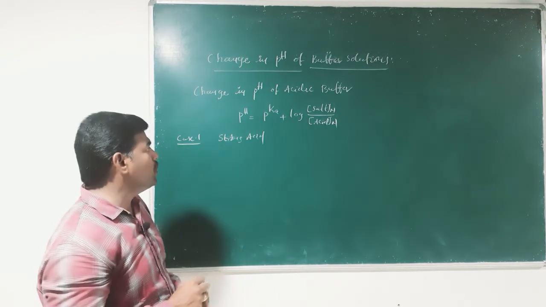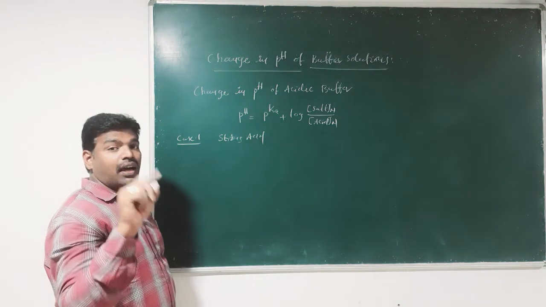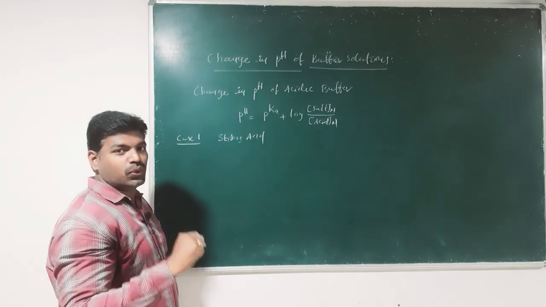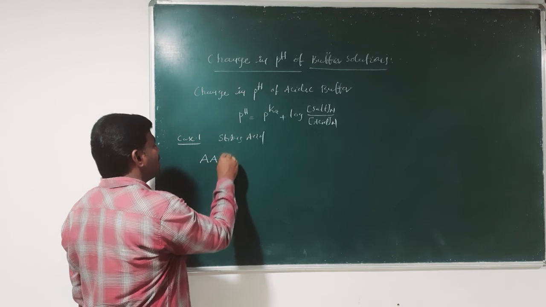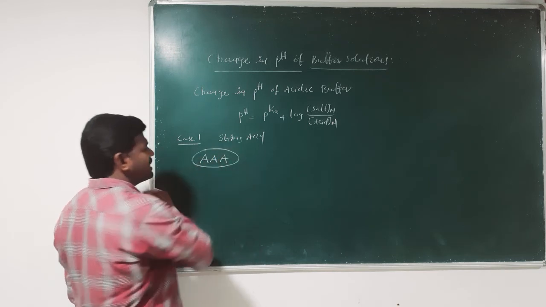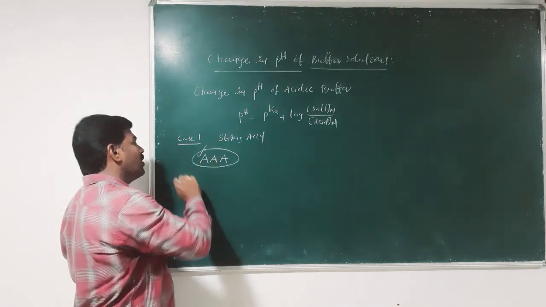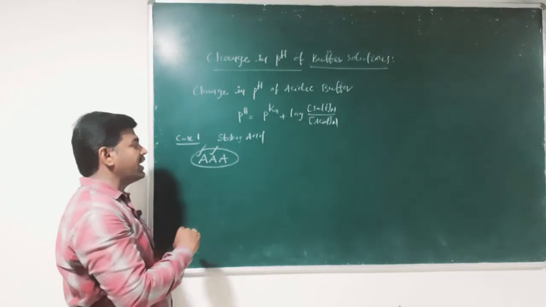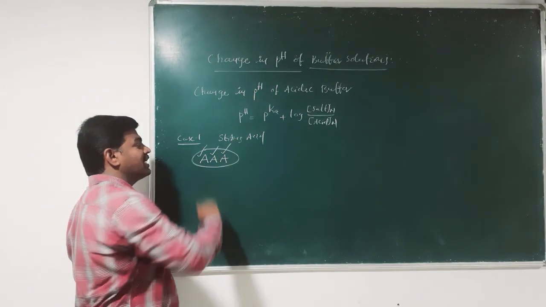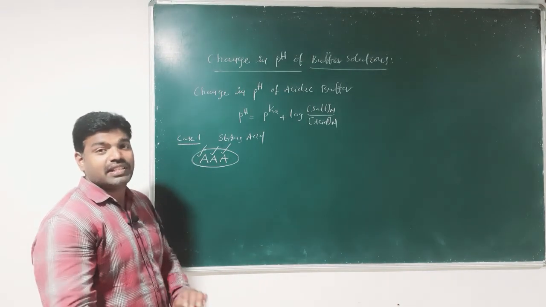I had also given a mnemonic for that, that is AAA, that is, for acidic buffer when we add strong acid, acid concentration increases.